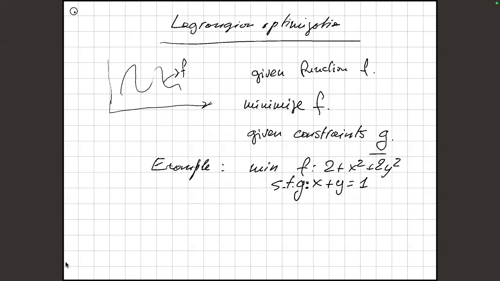Again, we will not go into details of this optimization stuff, but you construct a new function basically. This is called the Lagrangian, and it is a function of x and some alphas, coefficients, which is f minus alpha g.